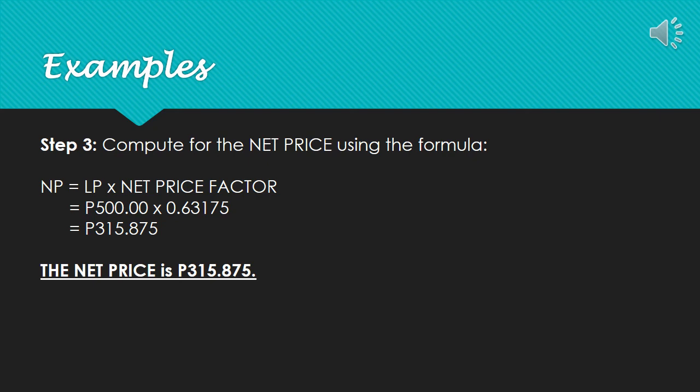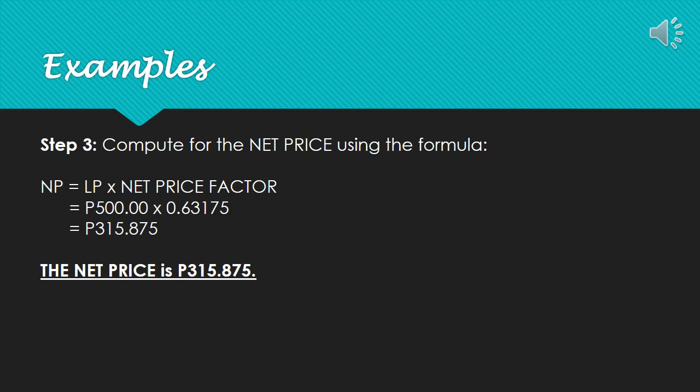So, ang pinagkaiba nga lang, yung step-by-step method, medyo mahaba siya, pero straightforward siya. Magkakabit siya, makukuha mo siya. Kaso nga lang, mahabang steps. Dito naman sa complement method, kukunin natin yung net price factor para makuha natin yung net price.